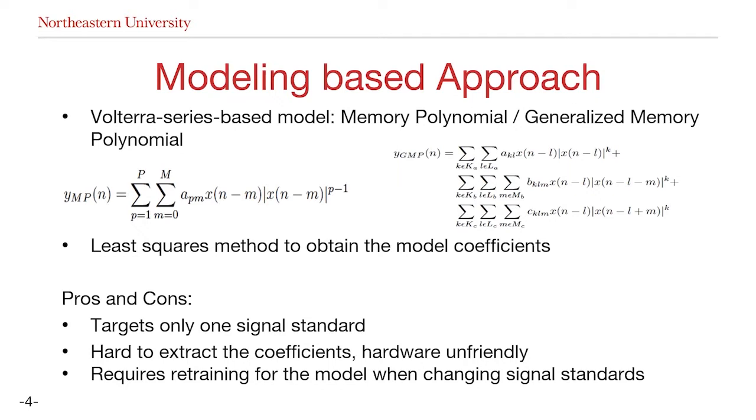The equation on the right is a little more complicated than the MP model, but it's more accurate as it has more terms, like the cross multiplication terms at different timestamps with different orders. Similarly, they have coefficients like a_kl, b_klm, and c_klm, and least square methods are generally used to obtain these model coefficients.